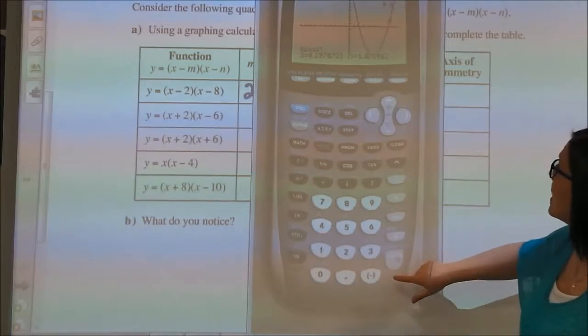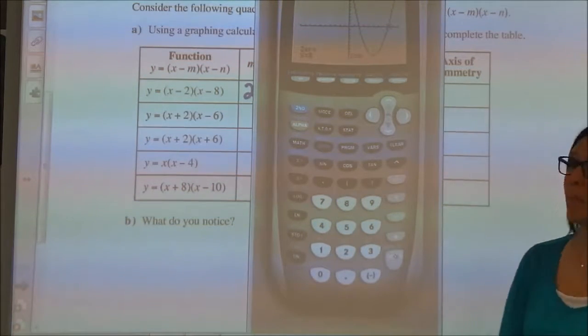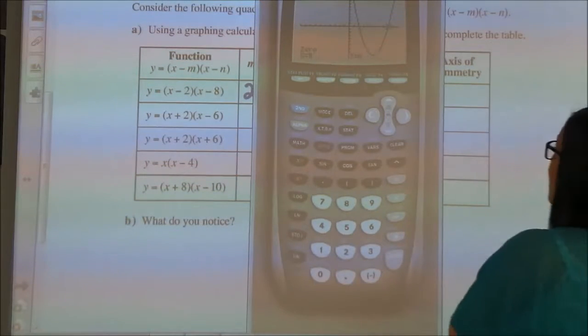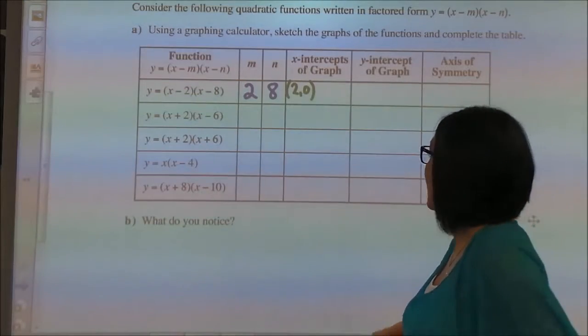Now I'm on the right side, press enter one more time, and I get 8 and 0. So I don't want you thinking that the left side always means being above the x-axis and the right side means being below, because that's not the case. The left side means being on the left side of the x-intercept, and the right side means being on the right side of the x-intercept. So I get 8 and 0.